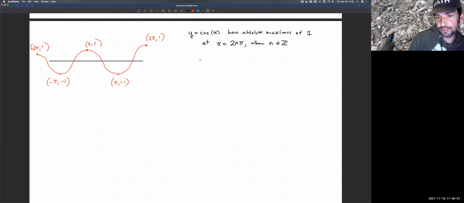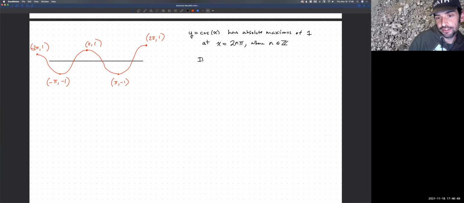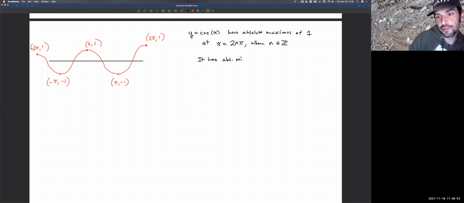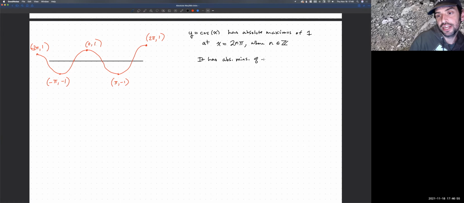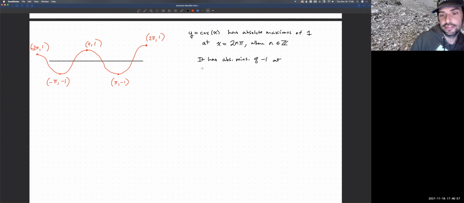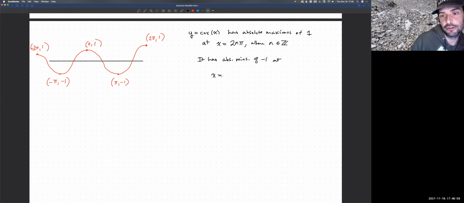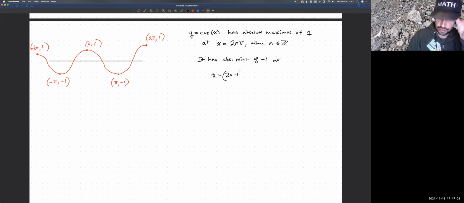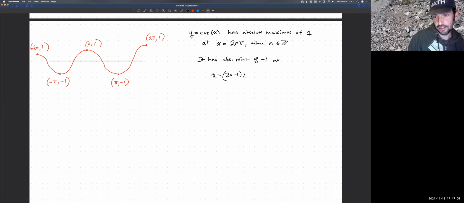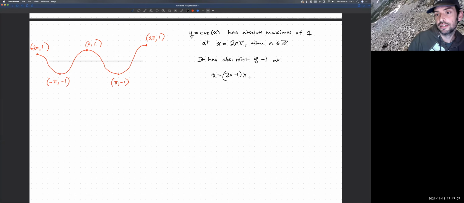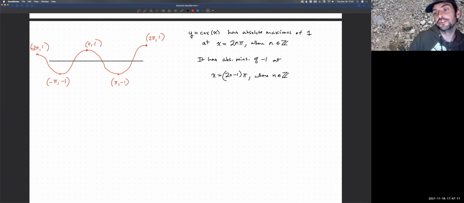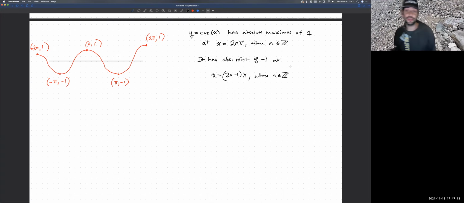And then it has absolute minimums of -1 at x equals (2n minus 1) times pi, where n is in the set of integers. Same thing, if 2n is all the even numbers, right?